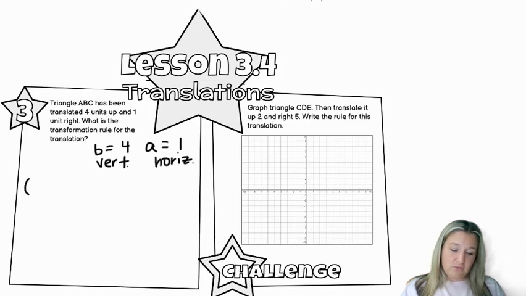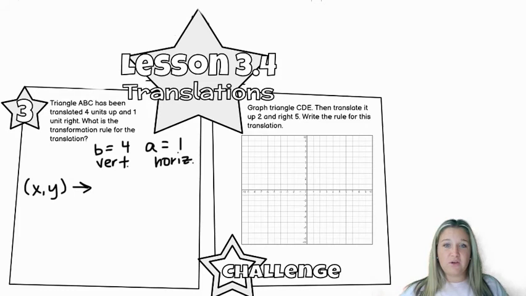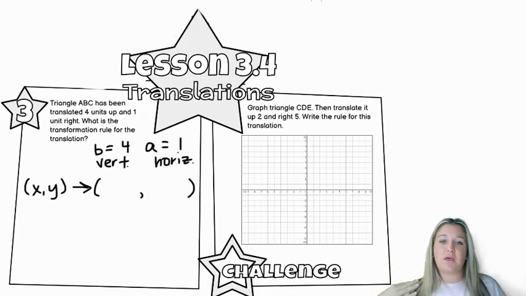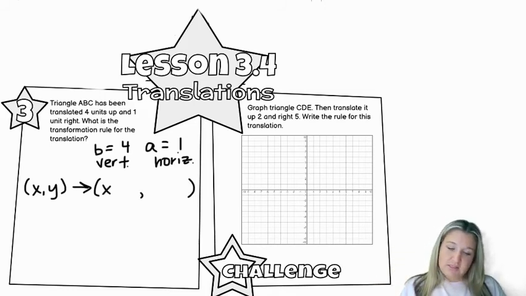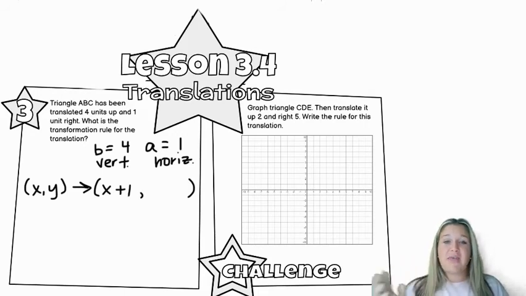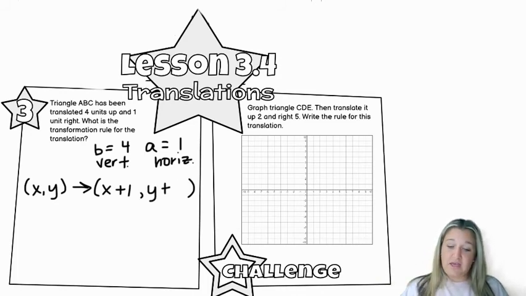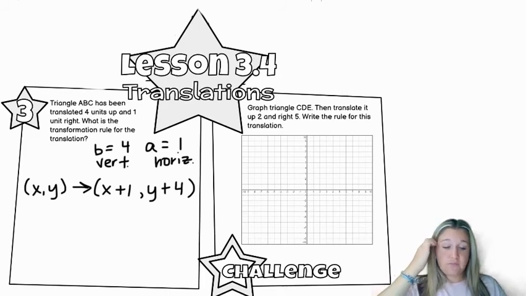And so therefore I can write (x, y). All my rules start out like that. Then the arrow means some transformation has been done to it. Now I could take any coordinates for A, B, and C, plug them into this formula and get the image. So x plus 1, because even though it listed up first, that only affects the y. The horizontal affects the x. So y plus 4. So that is the transformation rule.